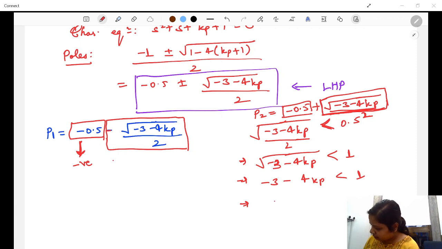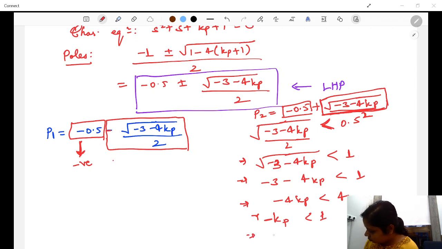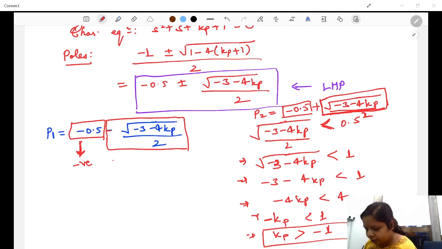So minus 4 Kp is less than 4, minus Kp is less than 1, Kp is greater than minus 1. This is the condition that you get from here. So this is one of the options over there.